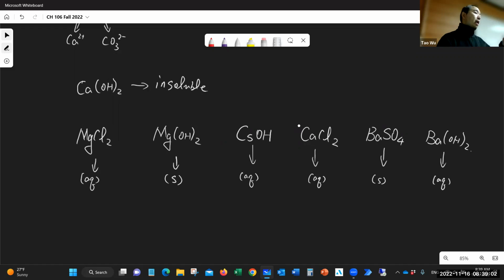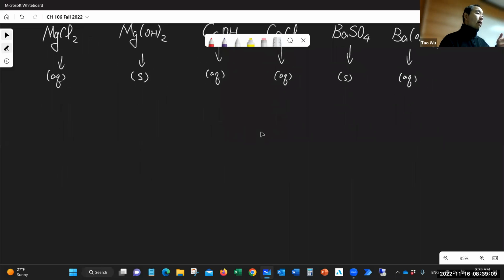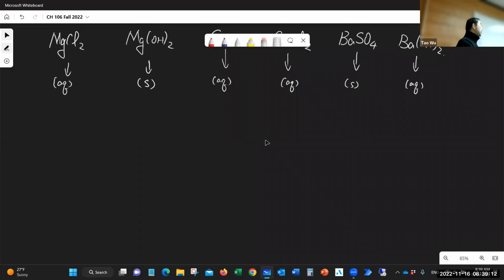All right, once we understand the solubility of the compounds, it gives us a very good chance to predict precipitation reactions. For example, we have silver nitrate. Nitrate plus any cation is soluble, so this is a soluble solution. You can dissolve it in the water.